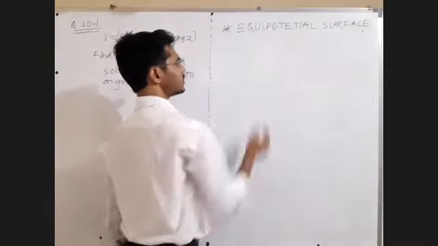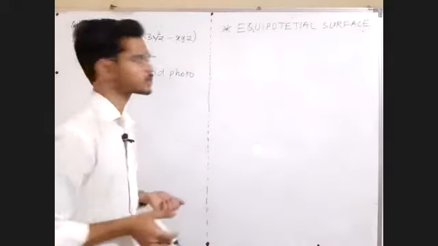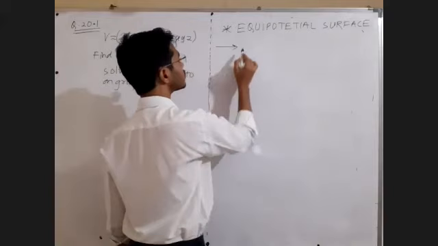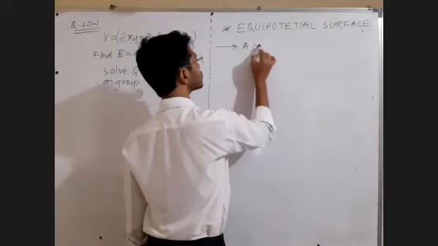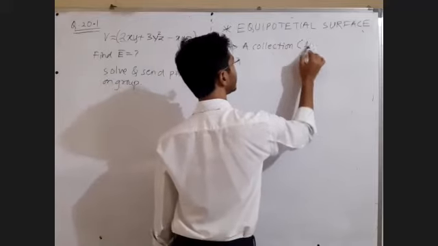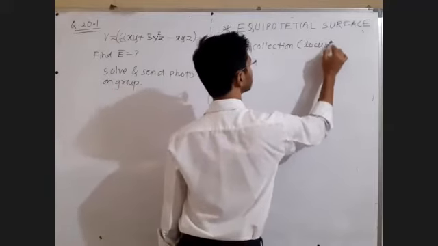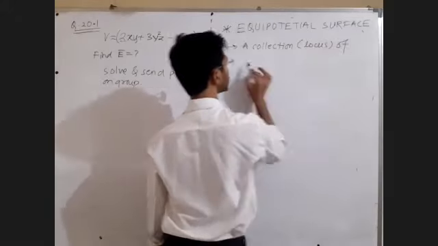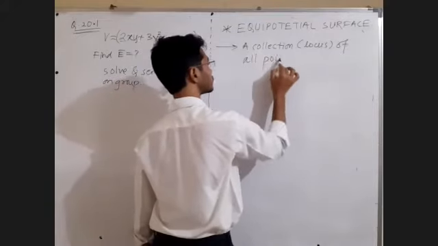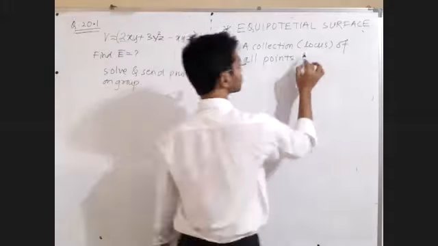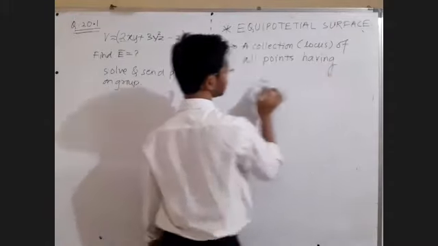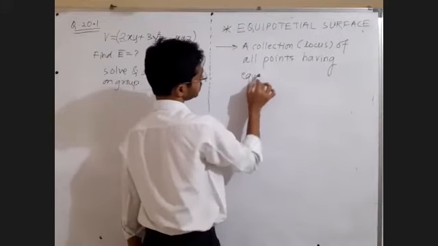Collection means locus. In mathematics, a collection is called a locus. Write down: a collection, in bracket locus, of all points having equal potentials.